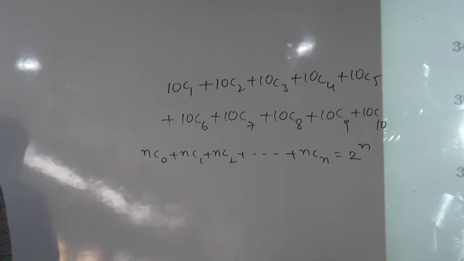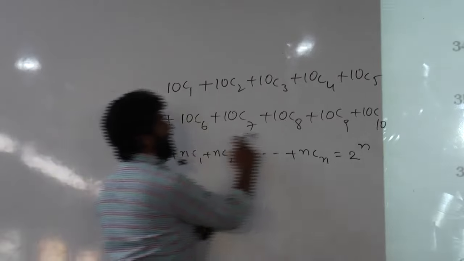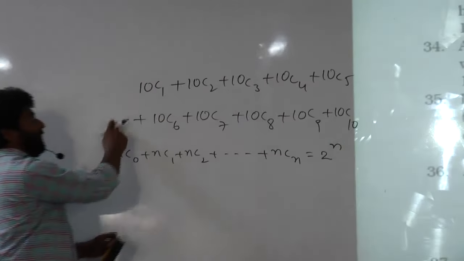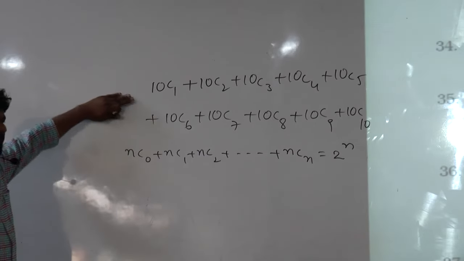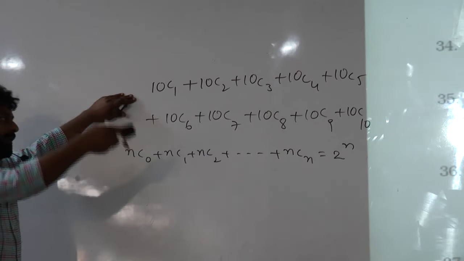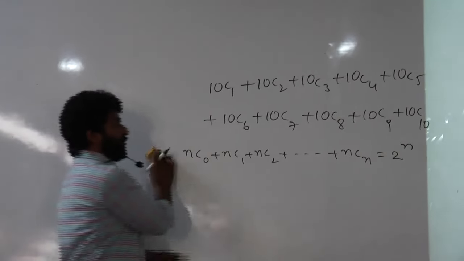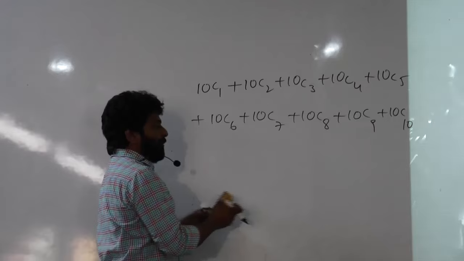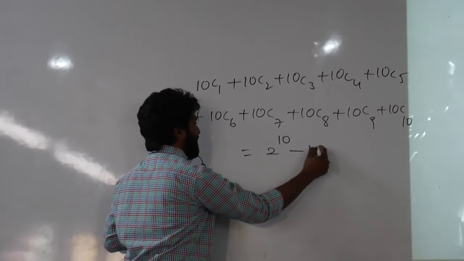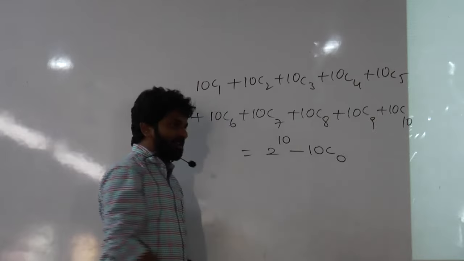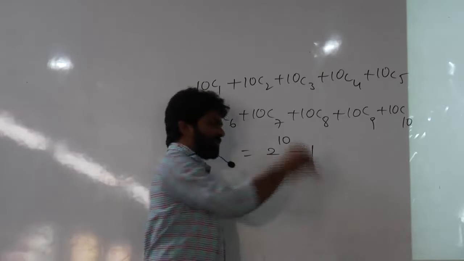If you also add 10C0, that will be equal to 2 to the power of 10 according to this concept. Yes or no? So this entire value becomes 2 to the power of 10 minus 10C0. What is the 10C0 value? 1. 2 to the power of 10 minus 1 is your answer.